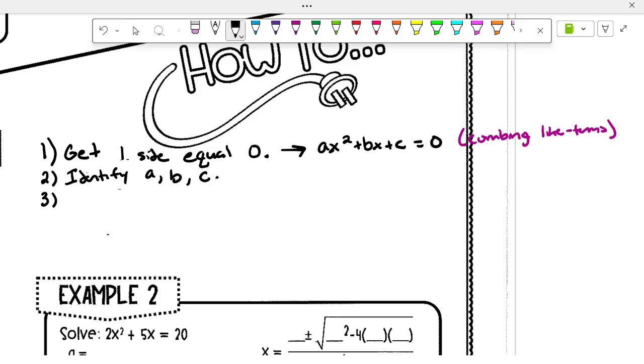Once you identify them, then you plug into the formula. And just so you're aware, no variables in the formula, only numbers.